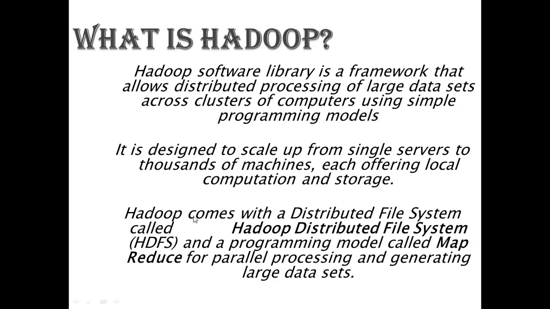One is the distributed file system HDFS, the Hadoop Distributed File System, and a programming model called MapReduce, MR, for parallel processing and generating larger data sets. Let's concentrate on these two technical terms, and then come back to this definition and see what Hadoop is.